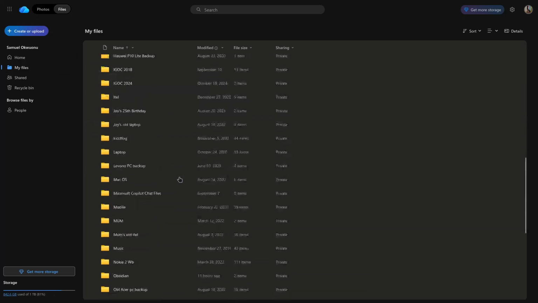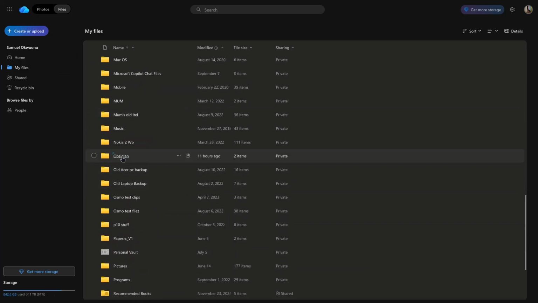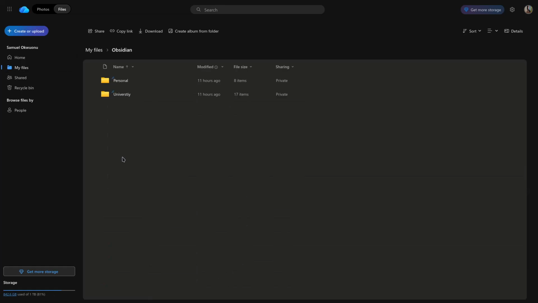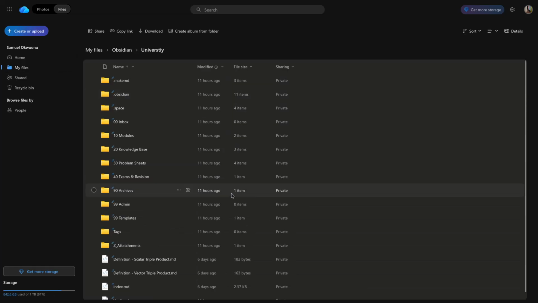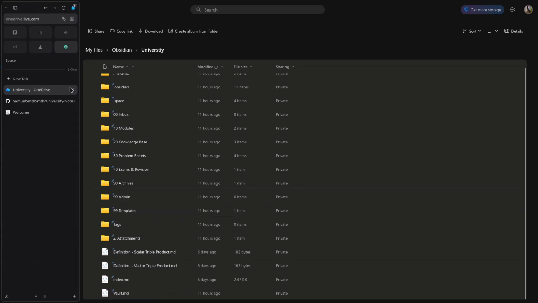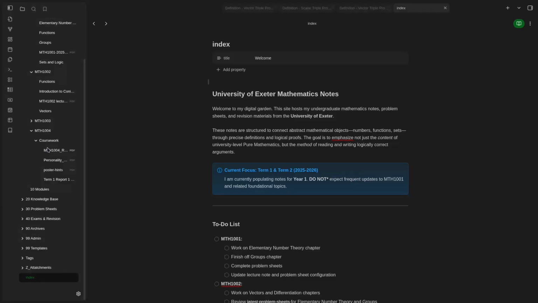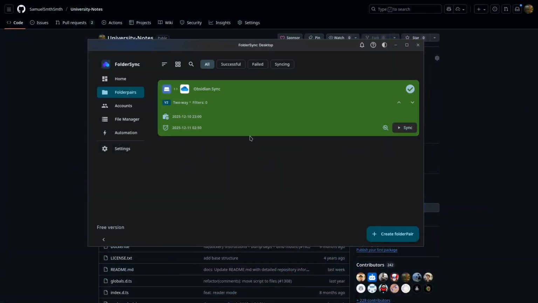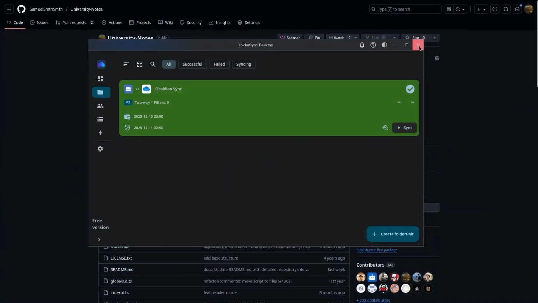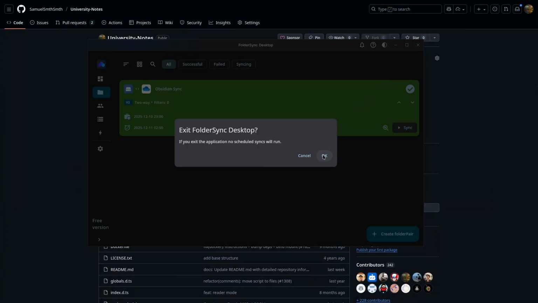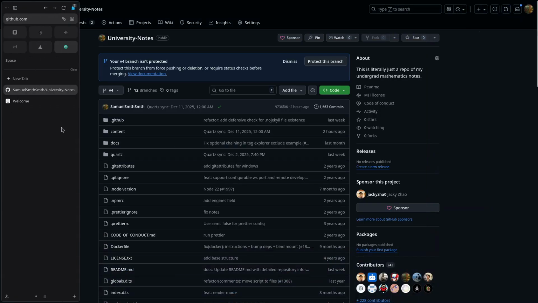Syncthing is great, but the problem is that one of your devices has to be online all the time, and it's running on a server, so it uses more battery, and I didn't like that. But my notes are synced to OneDrive, which I would recommend as an option, because Folder Sync is also free, as you saw. There's a free version and a paid version, but I don't need the paid version. I'll exit that because I don't need to change anything.